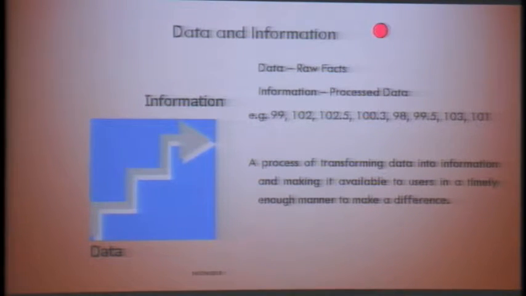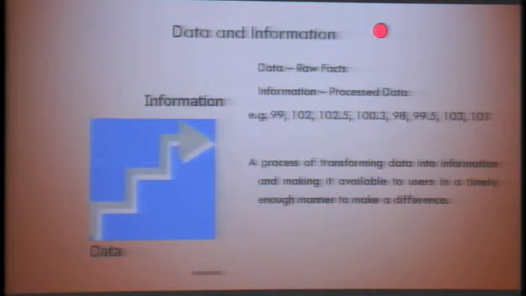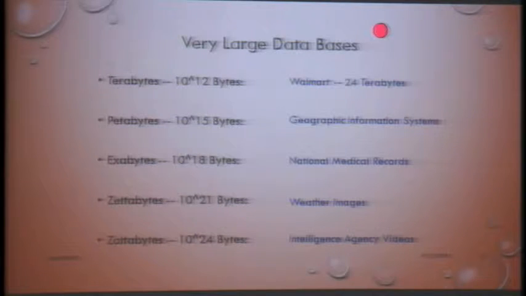So, in transforming data into information and making it available to users in a timely manner, there is a big difference. We don't want data, we want information in such a way that we can use it appropriately or on a real-time basis. Nowadays you must have heard there are very large databases.